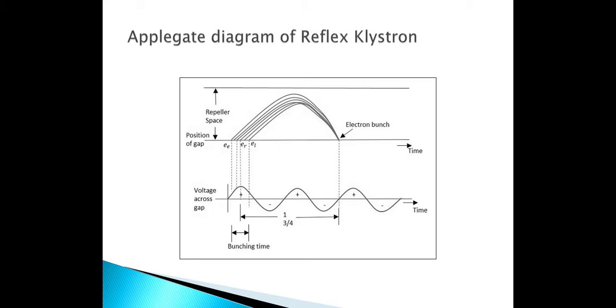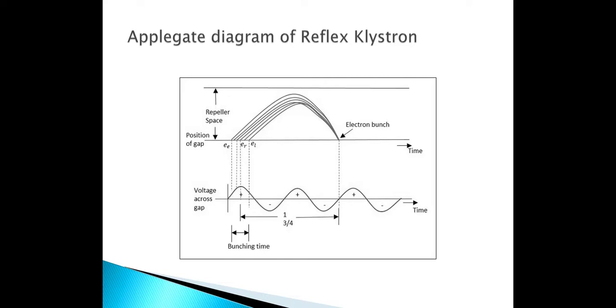The early electron EE that passes through the gap before the reference electron ER experiences a maximum positive voltage across the gap, and this electron is accelerated. It moves with greater velocity and penetrates deep into the repeller space.